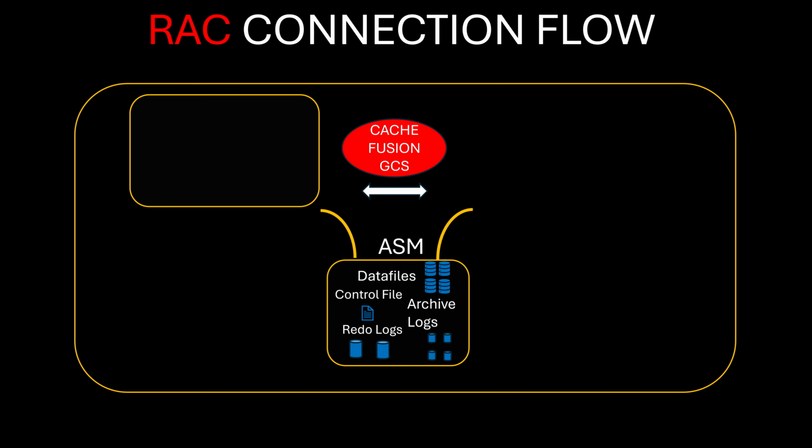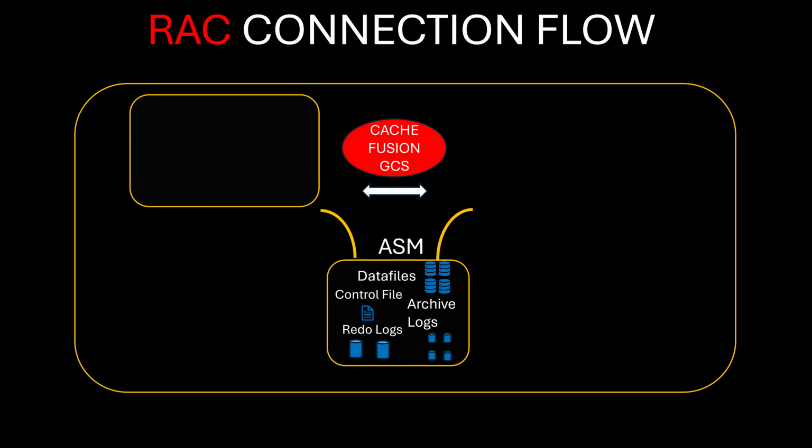Now we arrive at the heart of RAC, which is cache fusion. This is the feature that transformed RAC into a true clustered database. Imagine user 1 connects to node 1 and executes a query. Oracle brings the required blocks into the buffer cache of node 1. Now user 2 connects to node 2 and requests the same data. Before RAC, Oracle would often read the block from disk again.